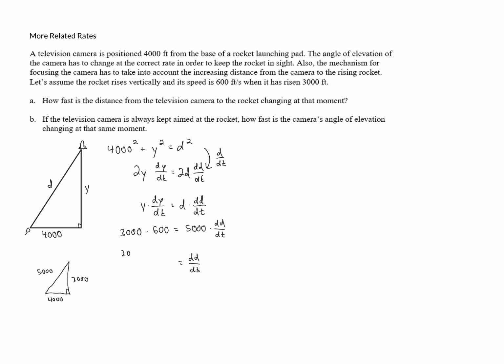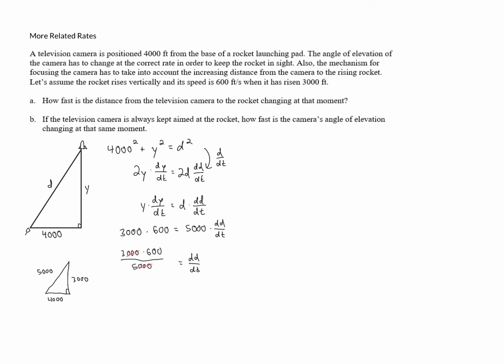So we've got 3,000 times 600 over 5,000. Now we can reduce quite a bit. The easiest way, I think, is to divide 3,000 and 5,000 by 1,000, and that basically cancels out 3 of those zeros.